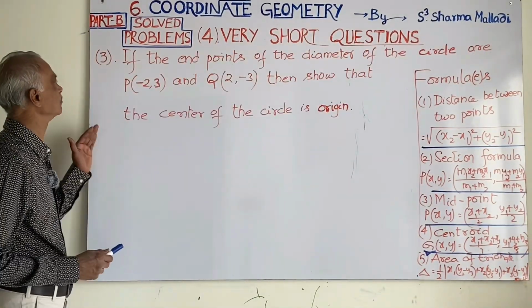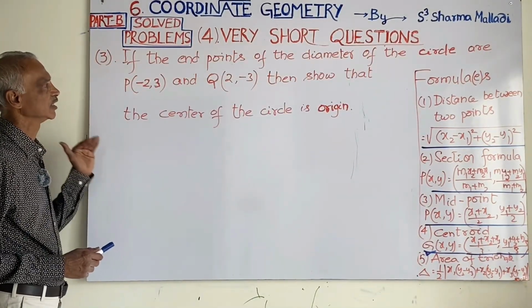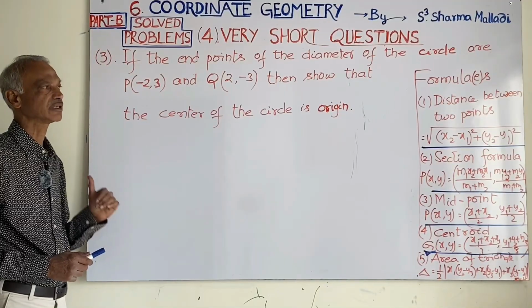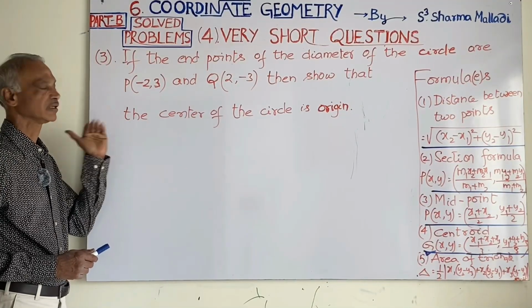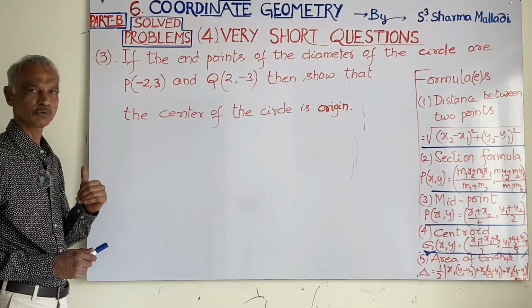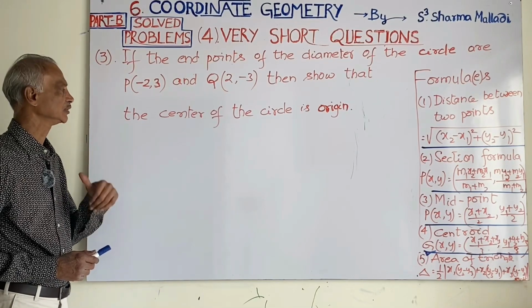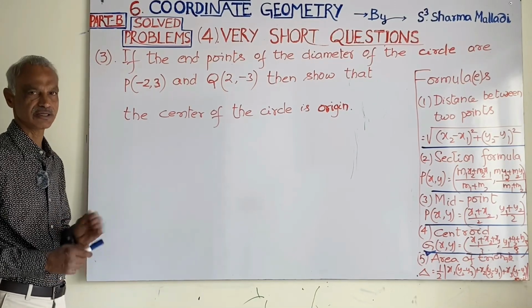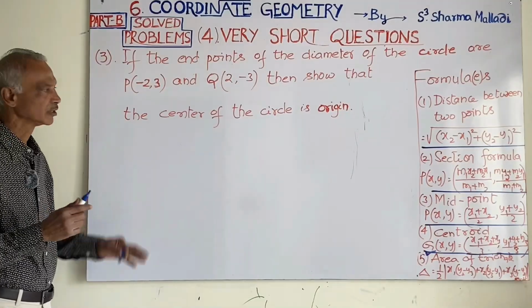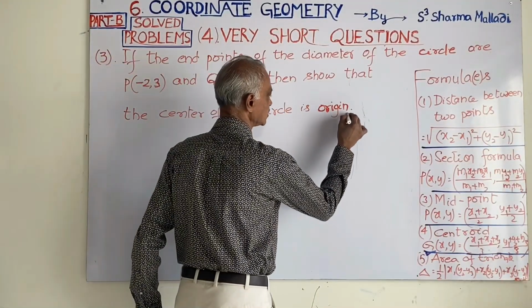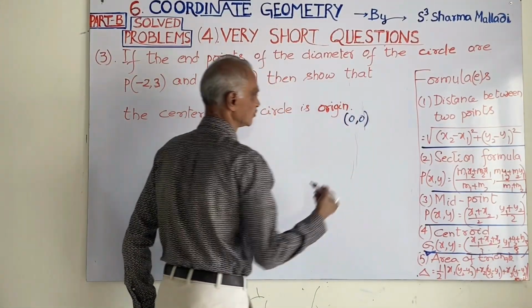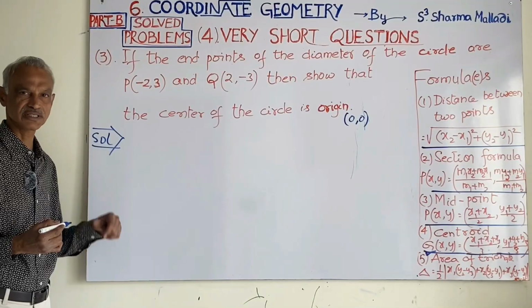What is the third problem in very short questions? If the endpoints of the diameter of the circle are P(-2, 3) and Q(2, -3), then show that the center of the circle is origin. Origin means (0, 0). Question is big, solution is very small.